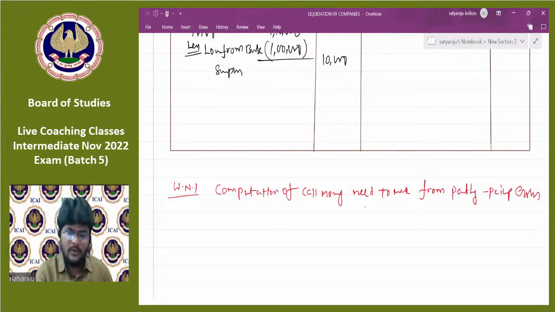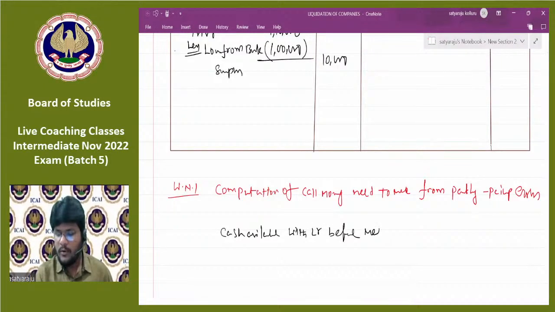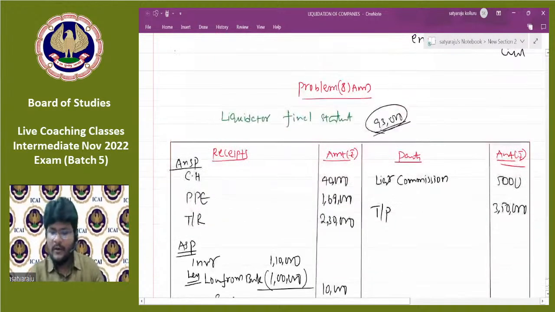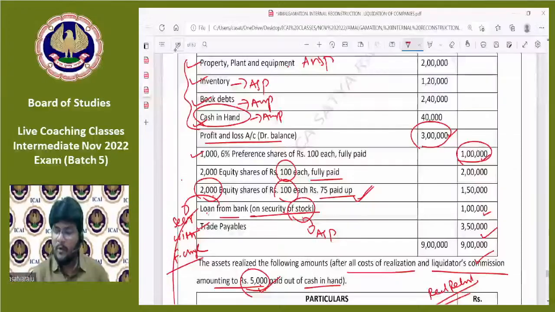That is the working note. First, cash available with a liquidator before making payment to preference shareholders. How much? Just now we worked out. How much, guys? 93,000 is there. Now the same 93,000 you can consider here. Don't go for direct payment to preference shareholders because the cash is insufficient.